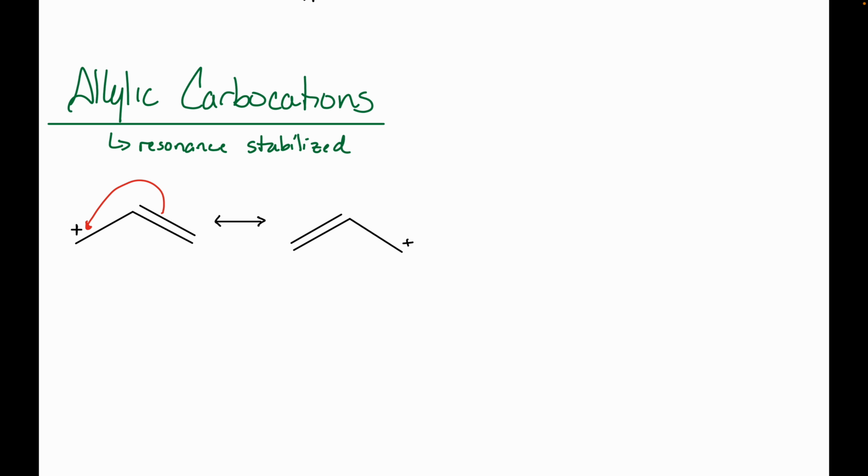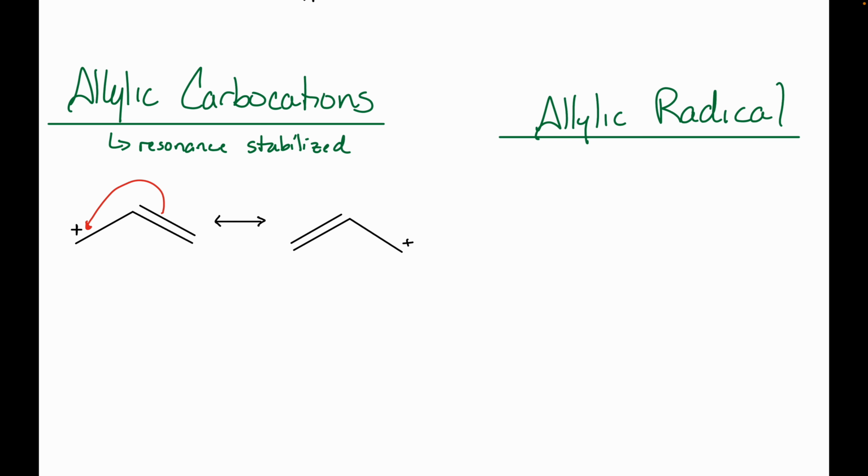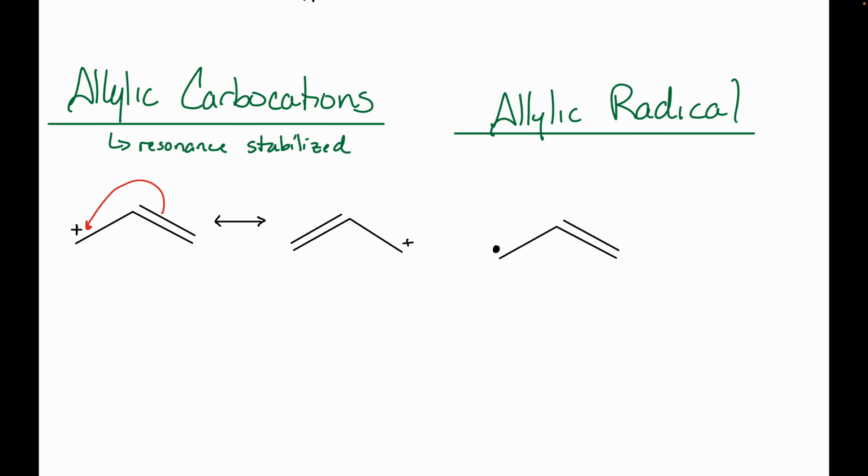If we're instead talking about an allylic radical, now instead of having a positive charge, I'm going to have an unpaired electron in that allylic position. We're going to be able to see the same thing. We're going to be able to resonance stabilize that unpaired electron, so we can draw another resonance contributor here.